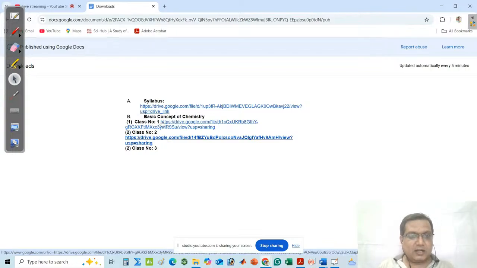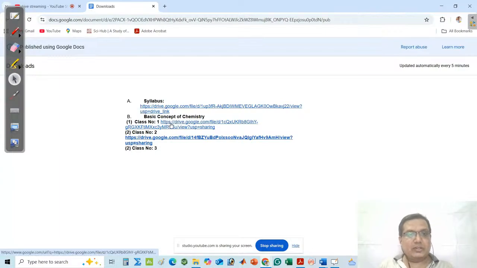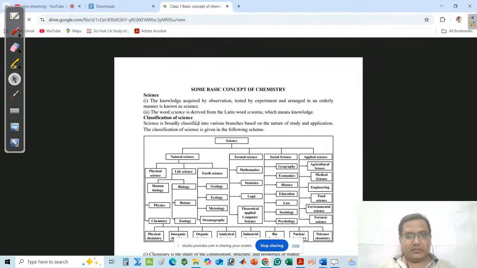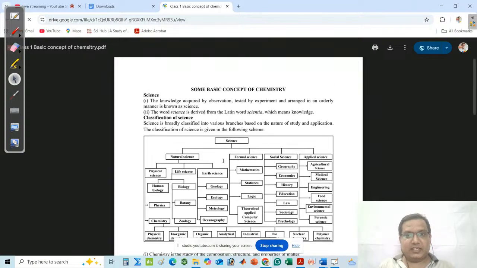Next, this is the notes for class 1. This is the notes for class 2. Today is class number 3 for basic concept. After finishing the class, I will share the link here. Suppose I want to go to the class number 1 notes, then click here. This is the class number 1 notes, some basic concepts of chemistry. Here you can download or directly print.